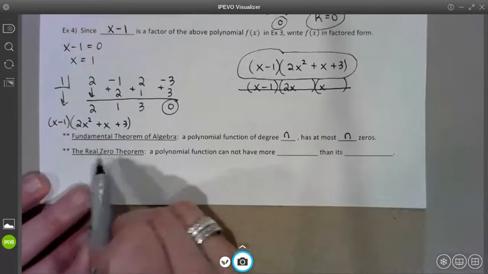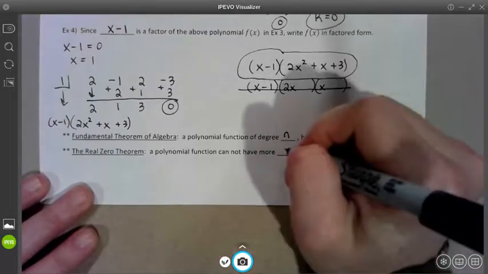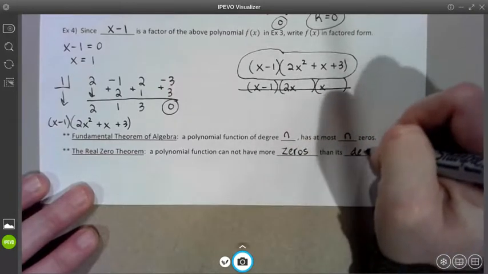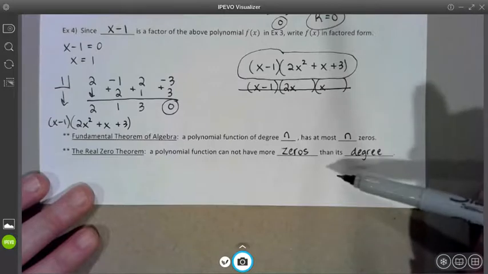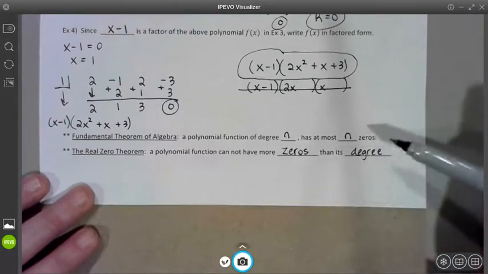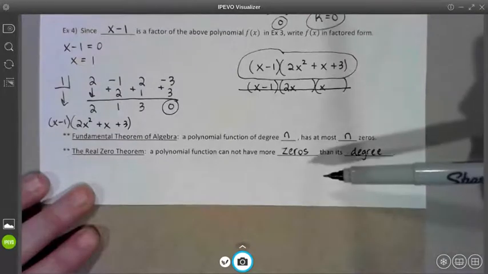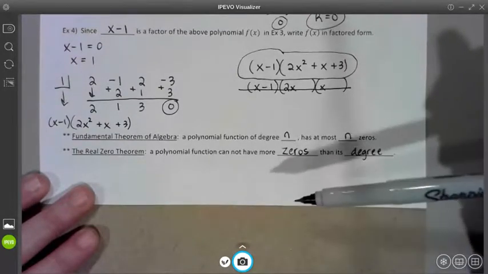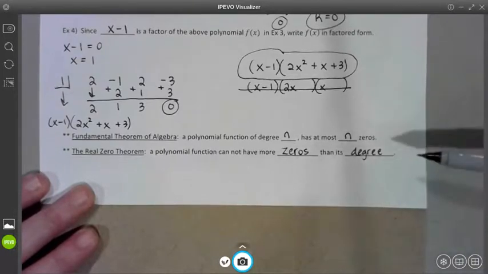All right, the real zero theorem says a polynomial function cannot have more zeros than its degree. So for example, a degree 4 polynomial cannot have 5 zeros because remember, each one of those zeros can be written as a factor. And if you have 5 zeros becoming 5 factors, then they're going to multiply out to a degree 5 polynomial.